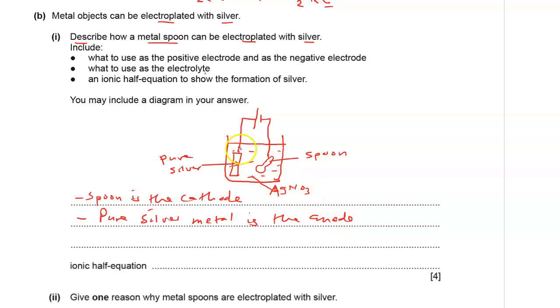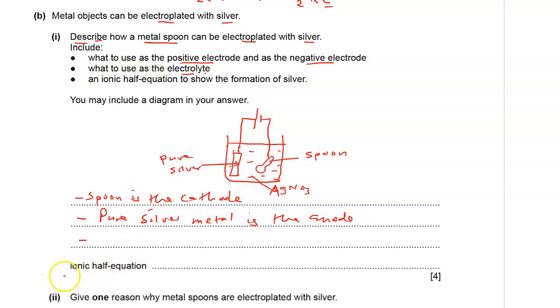Remember, you will be told in your description to include what to use as the positive electrode, the anode, and what to use as the negative electrode. We have electroplated the spoon with silver. So pure silver metal is the anode, the spoon is the cathode. We have done that. And then also you're asked what to use as an electrolyte.